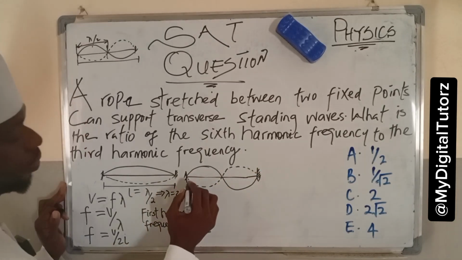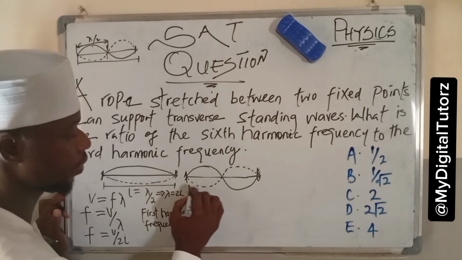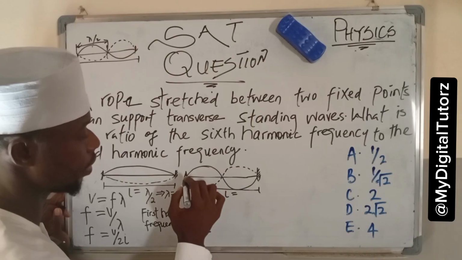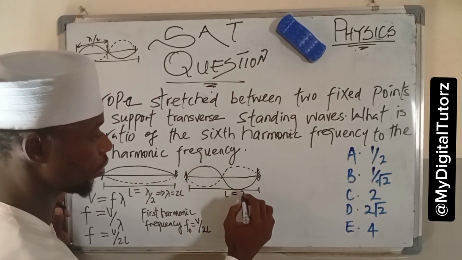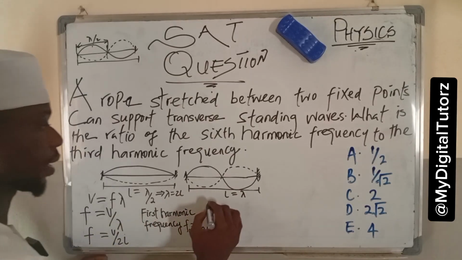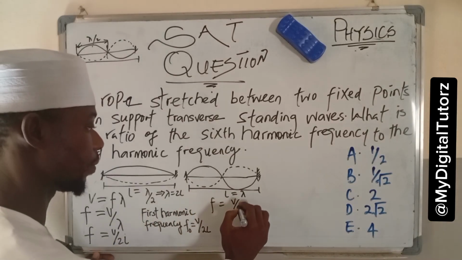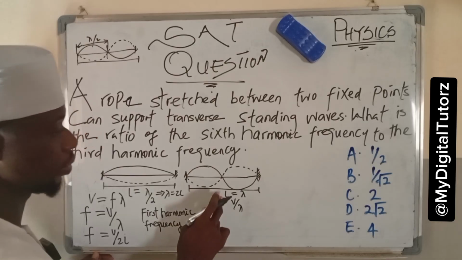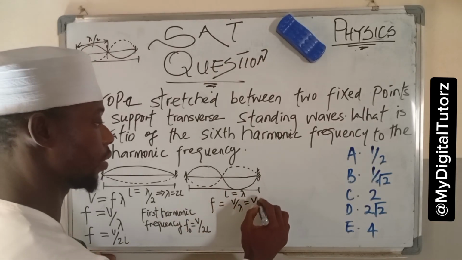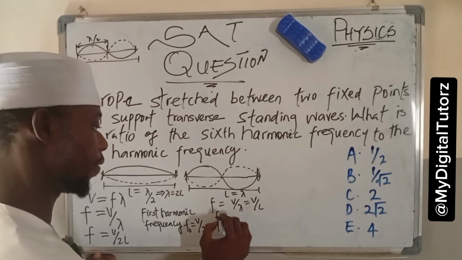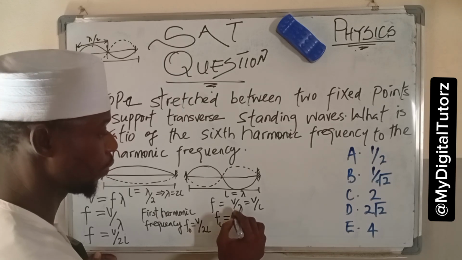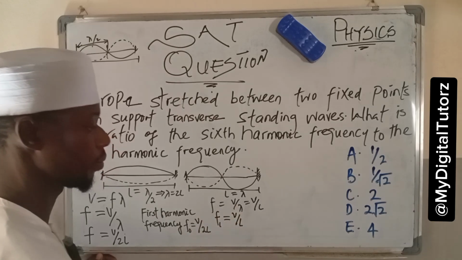Like what I've just illustrated, from here to this point will now become our length, because the whole of this is one lambda, so the wavelength is L. So from here also we can use the formula f equal to V over lambda. Anywhere we see lambda now, we put L, so it becomes V over L. So f here now becomes f1, the second harmonic, which is equal to V over L.